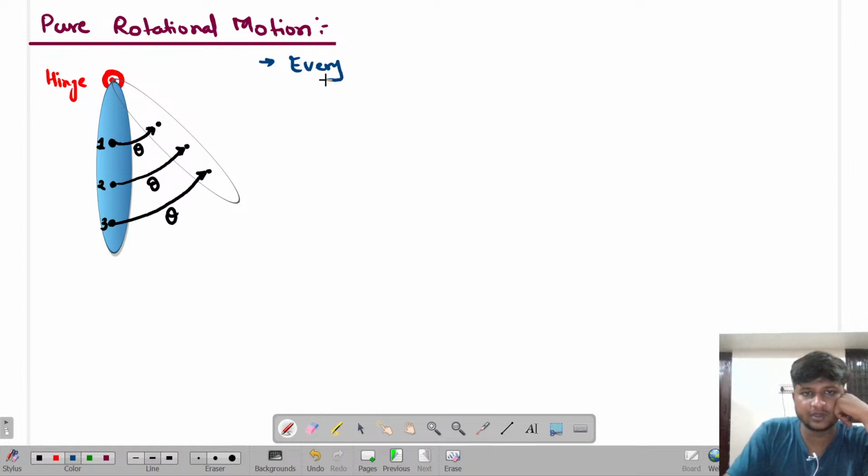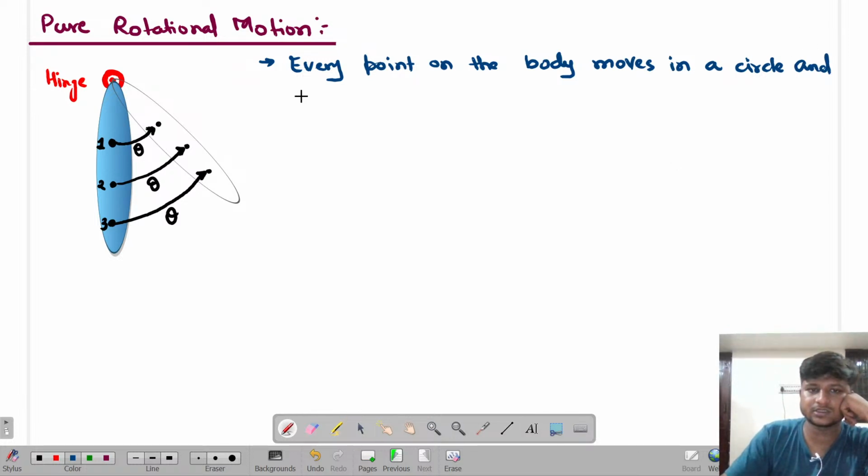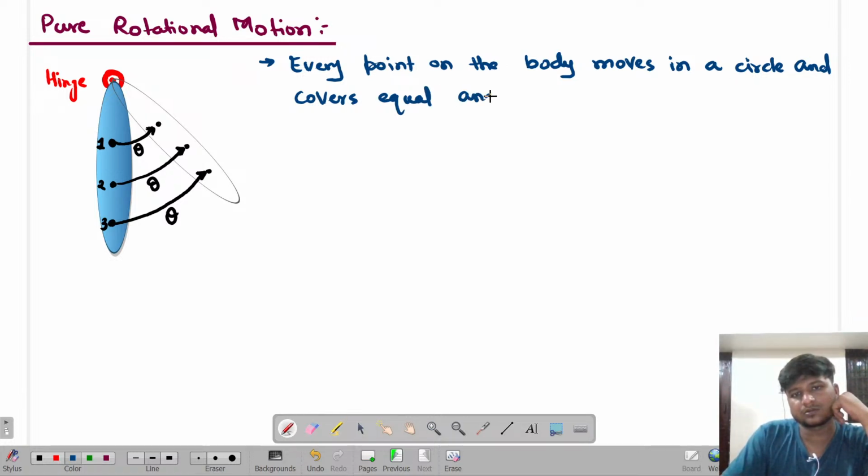It says that every point on the body moves in a circle and covers equal angles in equal intervals of time.